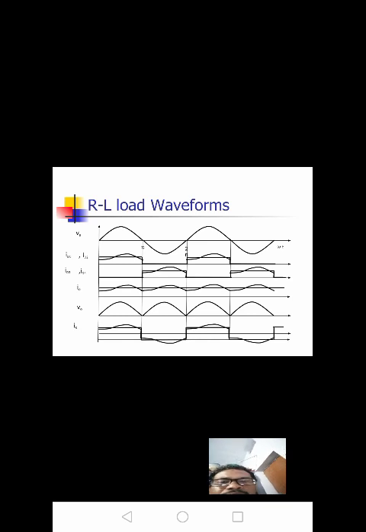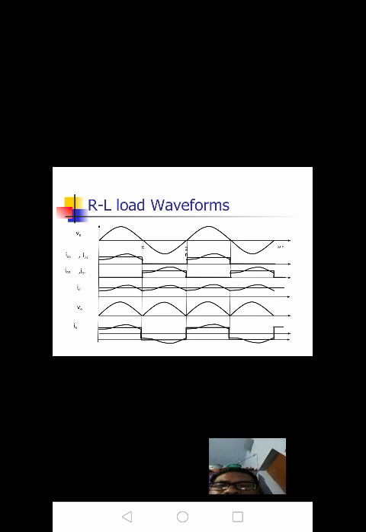Due to inductive nature we will get the waveforms separately, the R waveform and due to R the output current and the inductive load current. Output voltage is the same as the previous one. It will be positive during the positive half cycle, and during the negative half cycle also it will be positive.